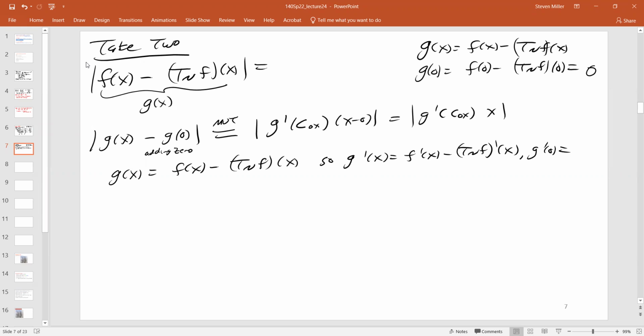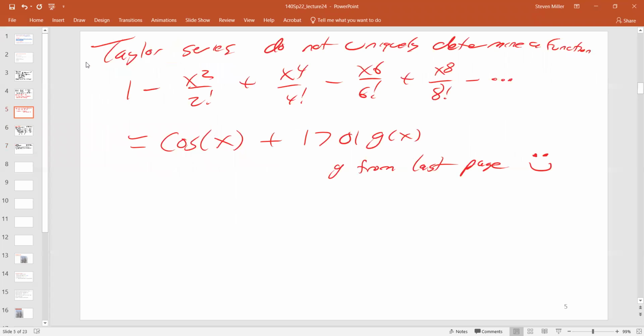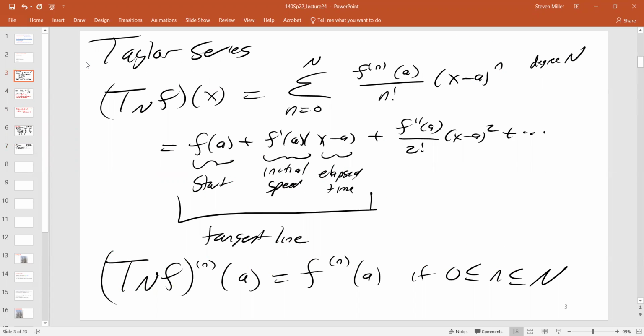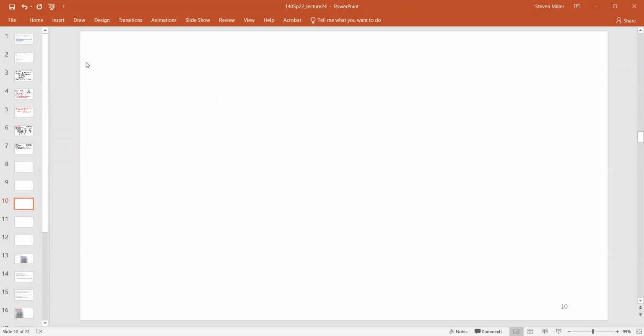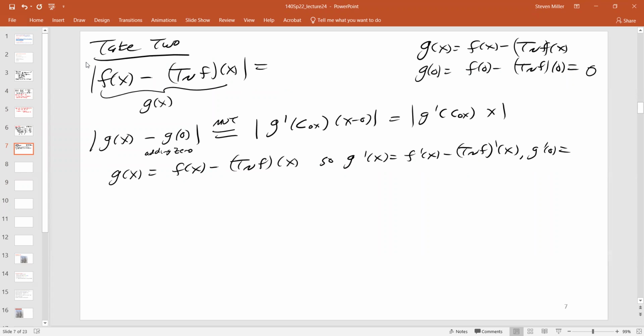It's just going to be f prime of 0 minus the derivative of the Taylor series, that's 0. We've chosen the Taylor series, remember, so that the first n derivatives match. Right? So this is just going to be 0.